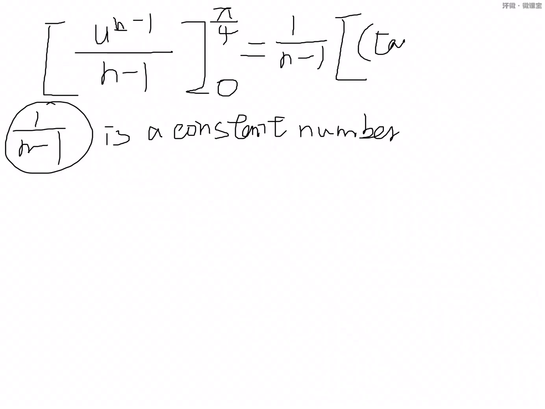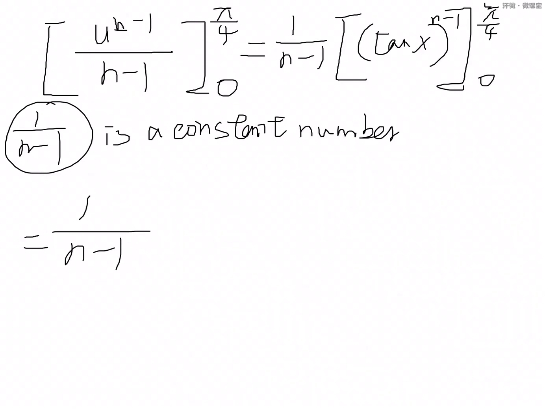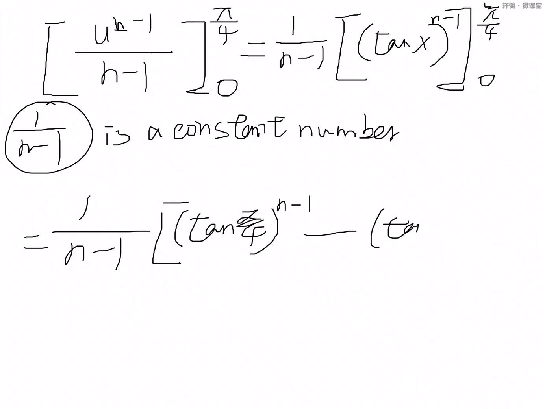So tangent x to the power of n minus 1, evaluated from 0 to pi over 4, equals 1 over n minus 1. Then replace x with pi over 4: tangent pi over 4 to the power of n minus 1, minus, replacing x with 0, tangent 0 to the power of n minus 1.